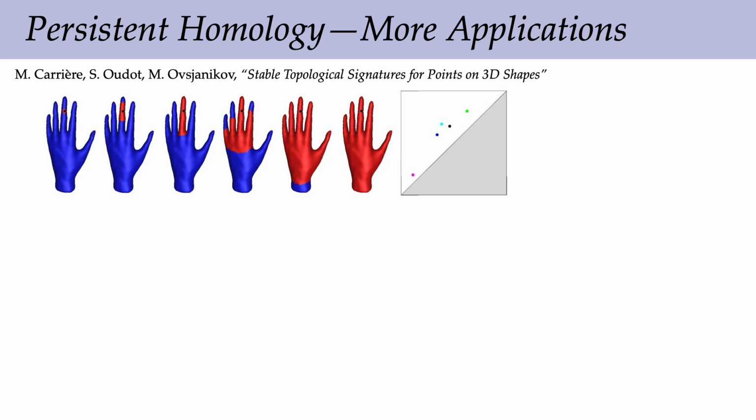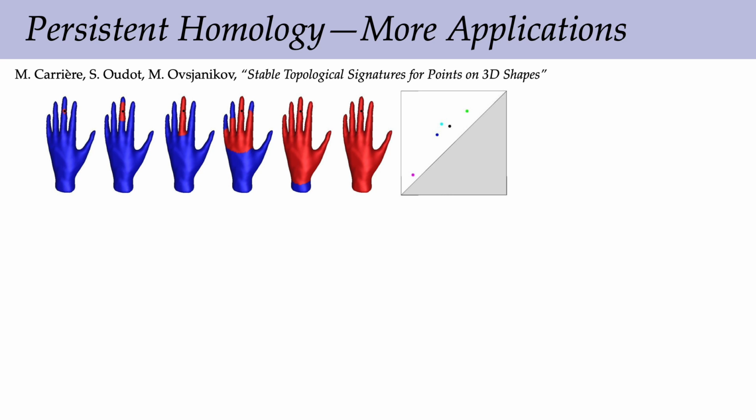Well, what I can do is start growing a ball around that point on the surface, and there will be certain interesting events, like that ball will start growing and then it'll run into itself and it'll cut off the tip of a finger, but eventually the tip of the finger will get covered and so forth. And by recording the times of those events, you get a signature for this point.